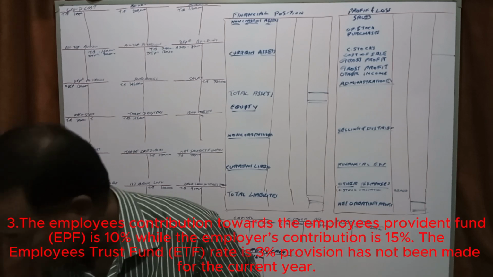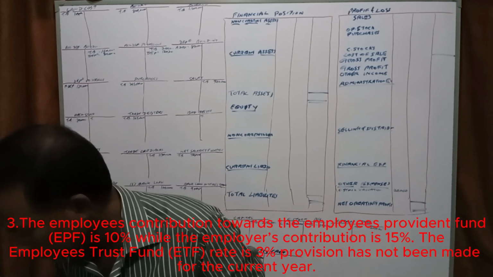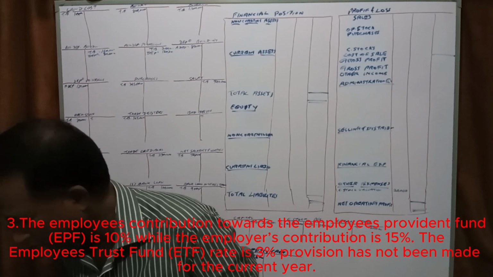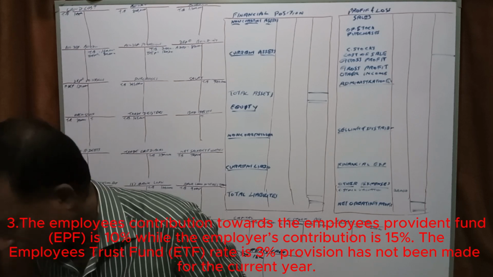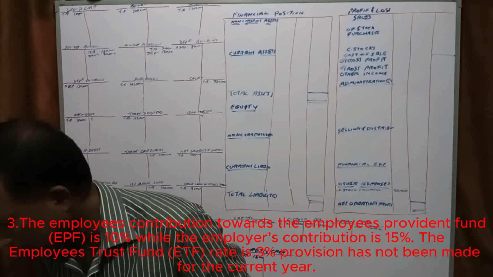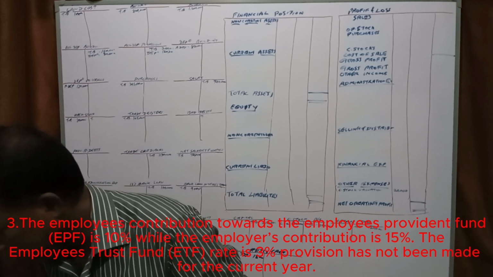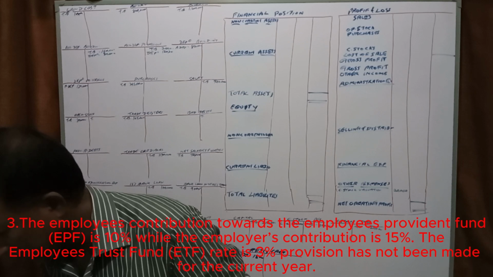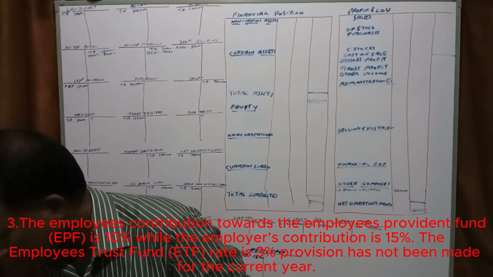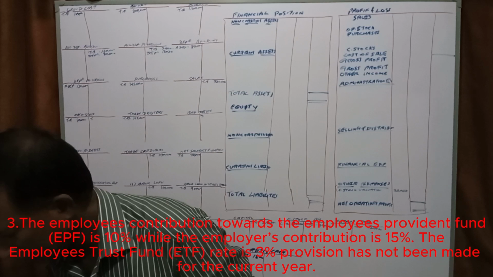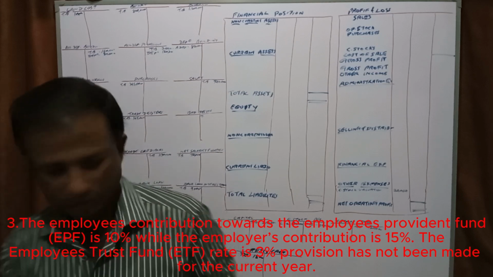Now the third adjustment. They say the employee's contribution towards the employees' provident fund is 10%, while the employer's contribution is 15%. The employees' trust fund, ETF, is at a 3% rate. Provision has not been made for the current year.